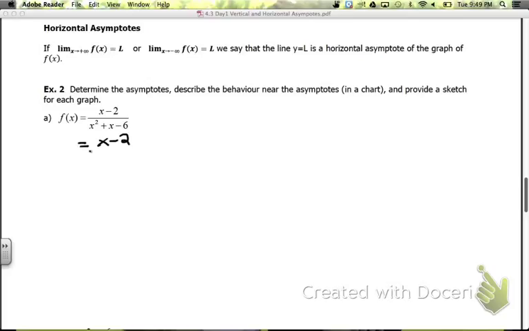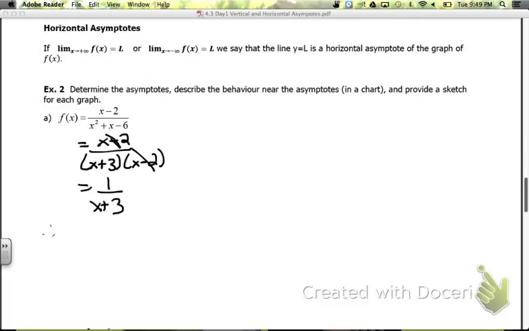So we have x minus 2 all over, two numbers that multiply to negative 6 and add to positive 1, which are positive 3 and negative 2. So you see here that the x minus 2 factors are going to cancel out, and we're going to be left with 1 over x plus 3.